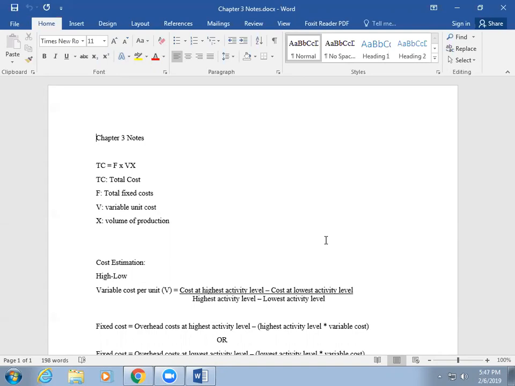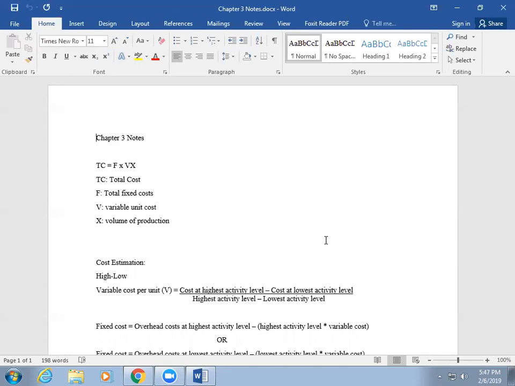With scatter graphs, you're just plotting on an actual line chart total costs and fixed costs, showing that relationship and being able to predict costs. But it's not super reliable because it's more visual and there are outliers, right? You kind of read through that in the chapter. So sometimes we have to throw out those outliers to get a better line graph and a better cost formula.